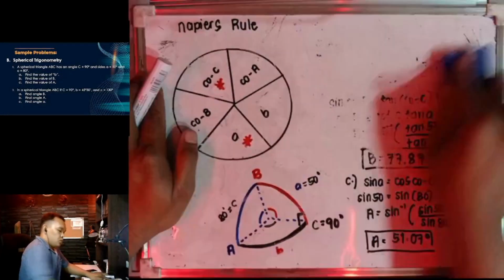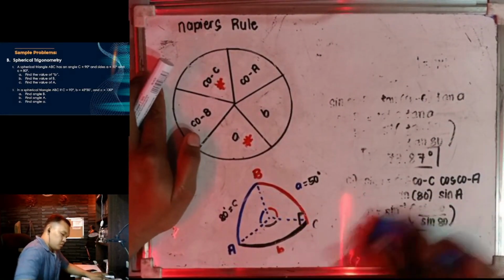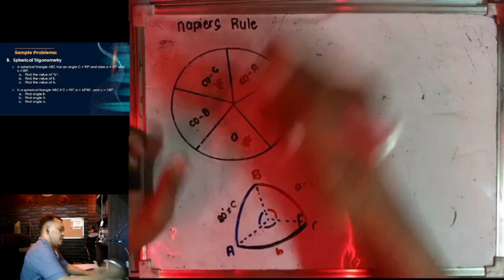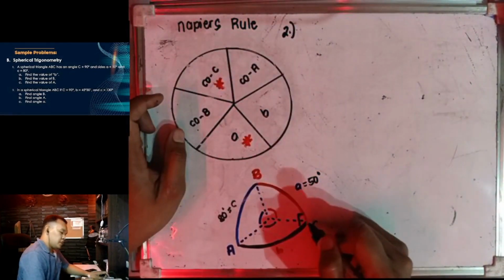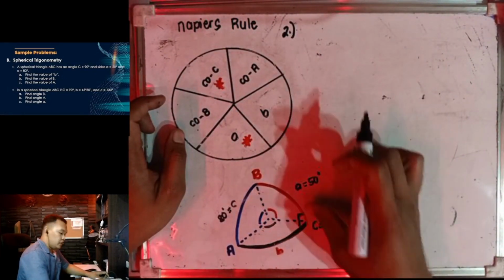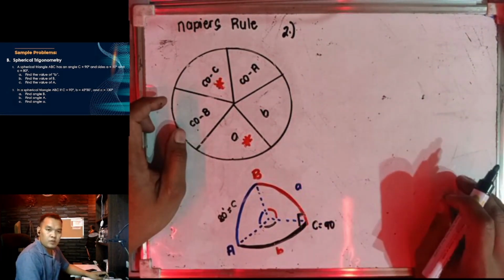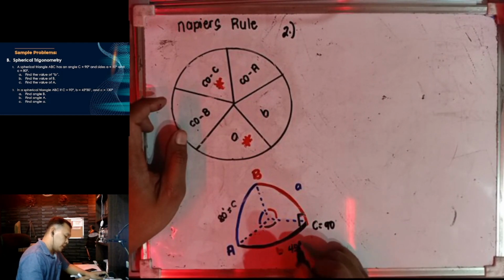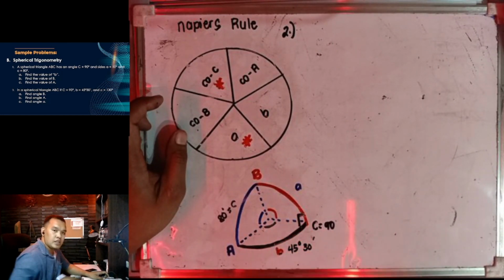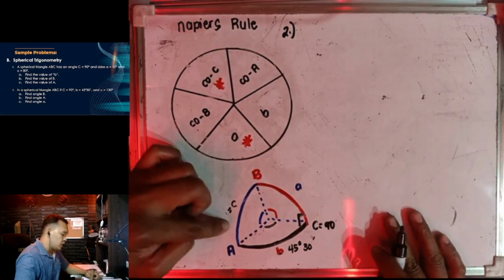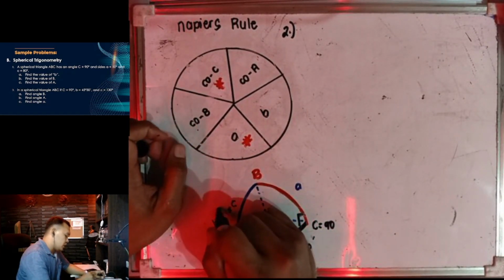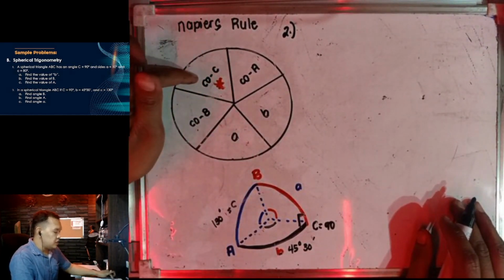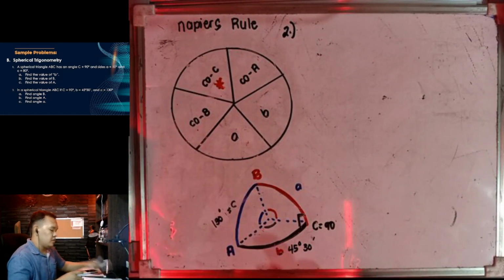So, problem number 2. Angle C, which is equivalent kay 90 pa rin. Then, yung another given, which is small b, which is 45 degrees and 30 minutes. And we have also small c, which is equivalent kay 130 degrees. Okay? So, ang given naman po is si c at saka yung b.